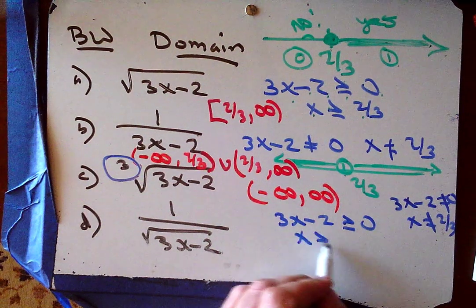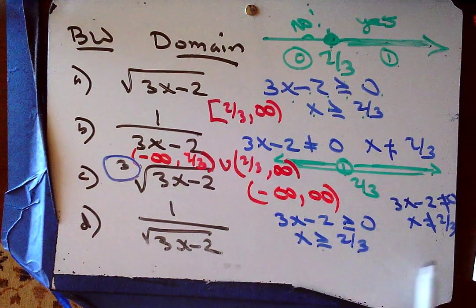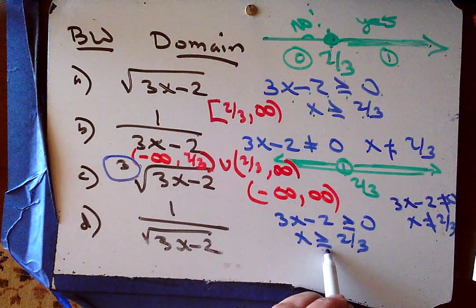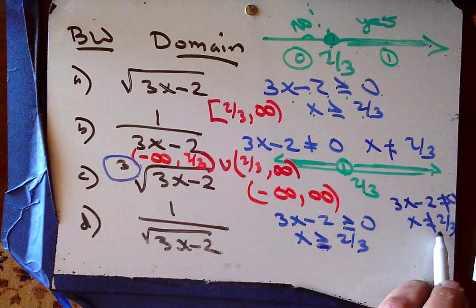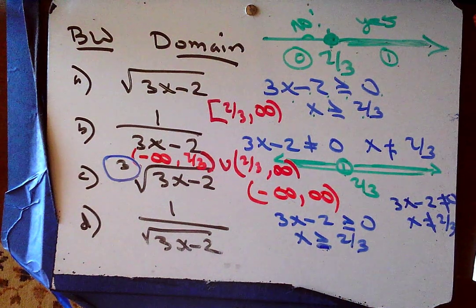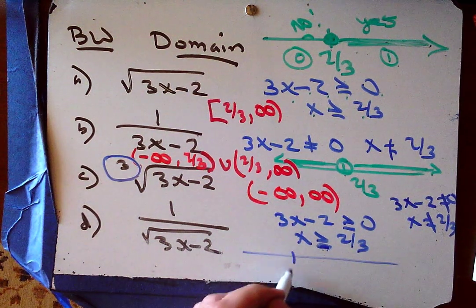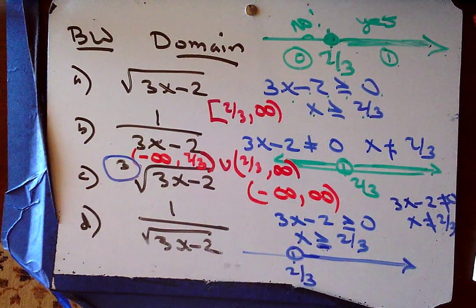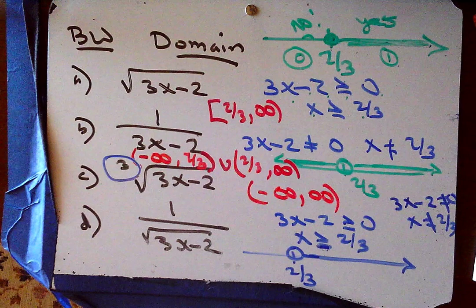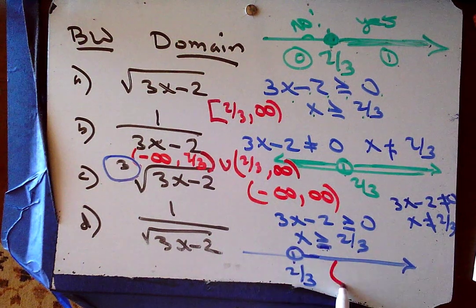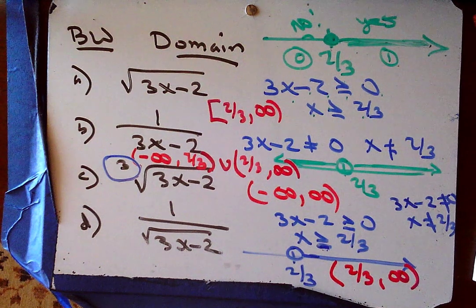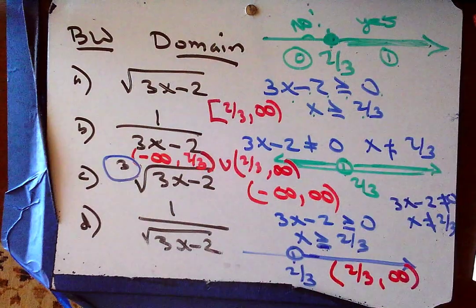Here I get x is greater than or equal to 2/3, but over here it says x can't be 2/3. So even though this is okay with being 2/3, this one says no. And so we're just going to say, okay, 2/3 with an open circle and the x values that are larger. So what would that be in interval notation? That would be parentheses 2/3 to infinity. Okie doke. So there's a nice little bell work warm-up for you.